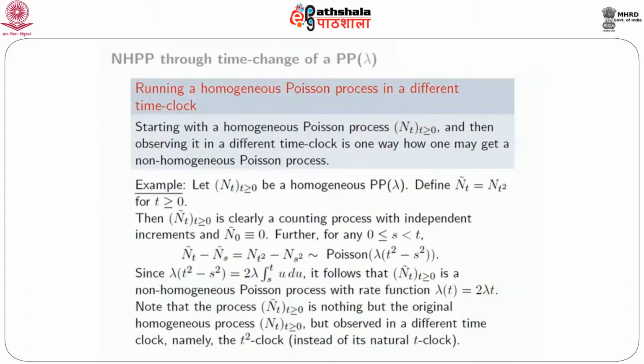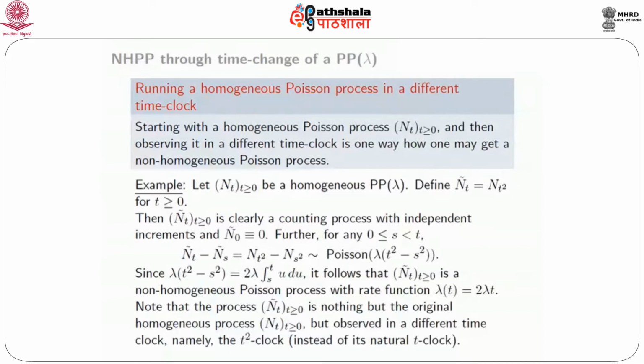Further, for any s less than t, if you look at the increment N tilde(t) minus N tilde(s), which happens to be the same as the original N(t square) minus N(s square), by the fact that N is a PP(lambda), we know that N(t square) minus N(s square) is the increment of the N process over the interval s square to t square. That, of course, is Poisson with parameter lambda times (t square minus s square).